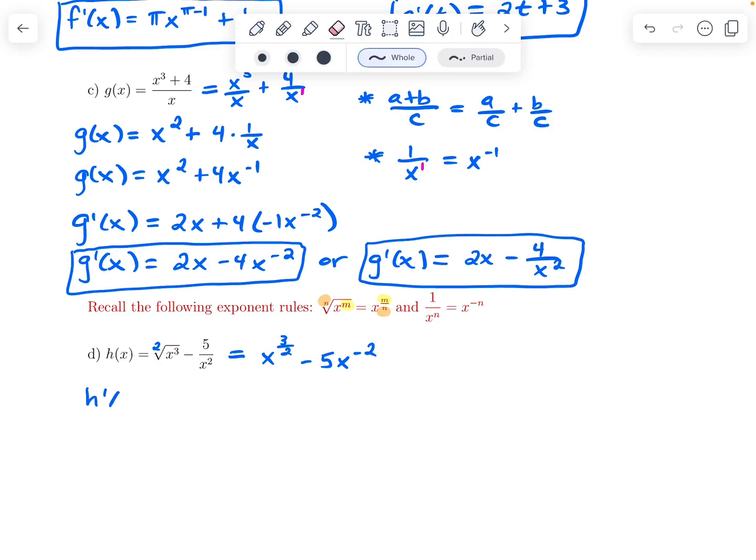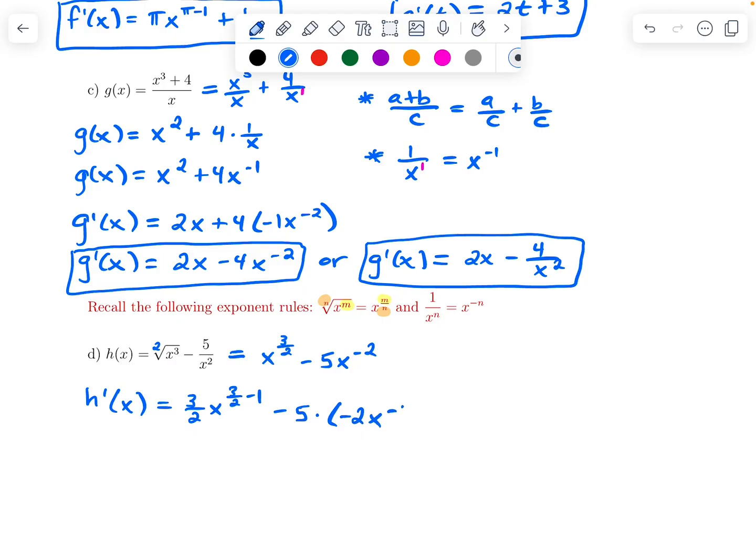Okay, and so if I need to find the derivative of this now, I'm going to bring down the power, copy the x, and then it's to the power minus 1, minus, copy the 5, times negative 2x to negative 2 minus 1. So I'm getting that this is 3 halves x to the 1 half plus 10x to the negative 3.